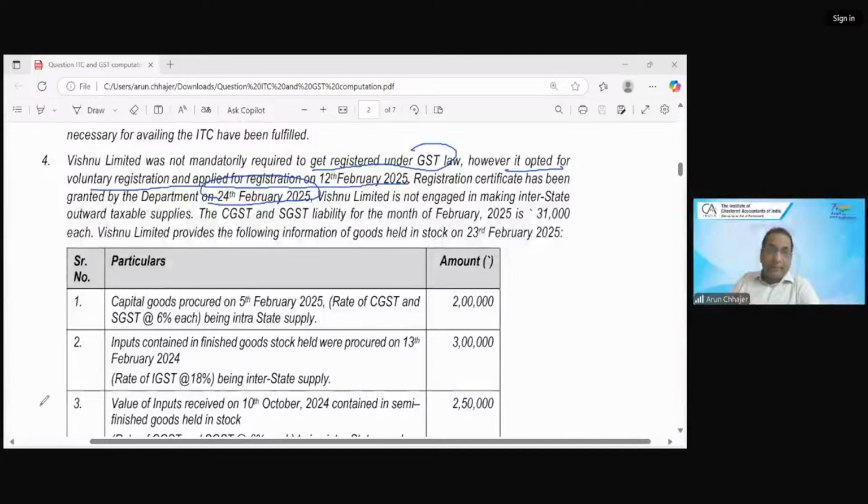It made the application on 12th Feb, and the registration was granted on 24th Feb.